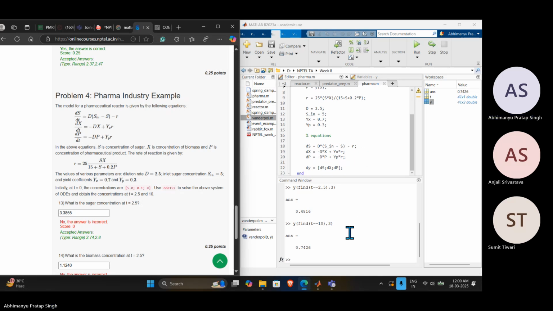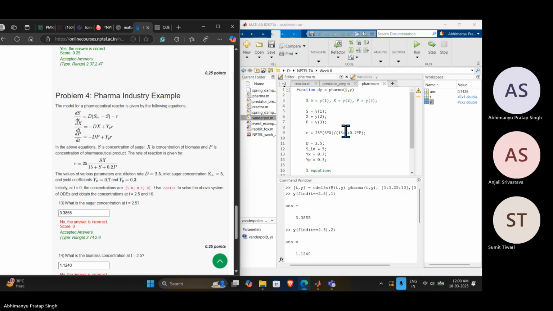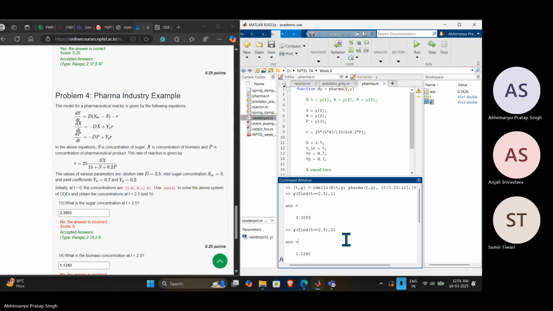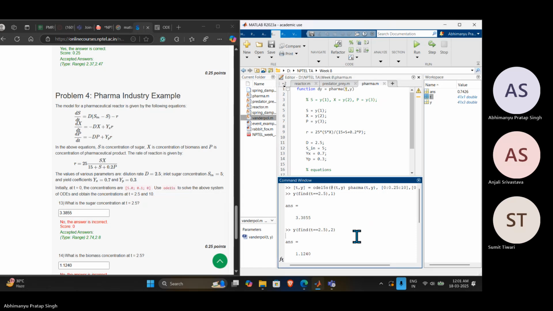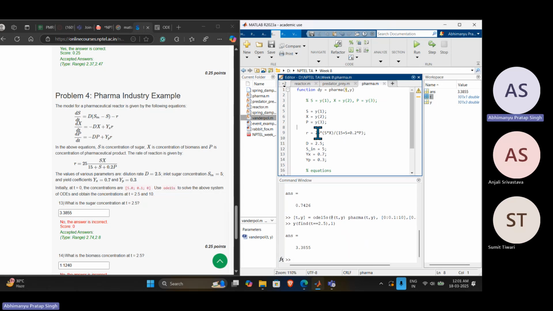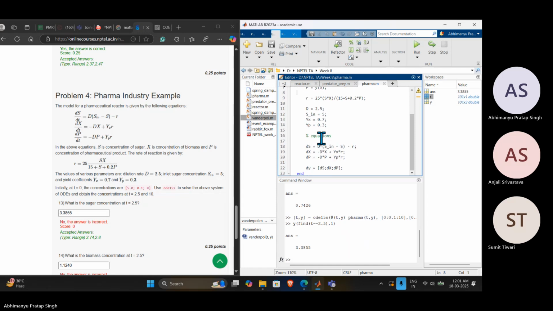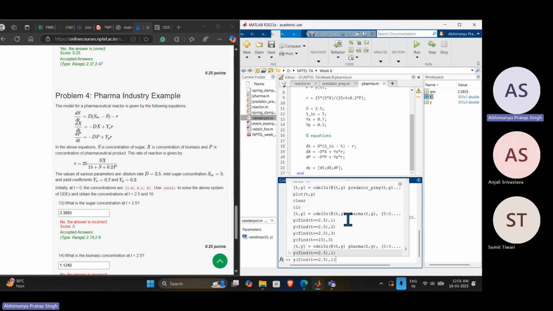So, not 15, should be 25 into X. Yeah, okay.